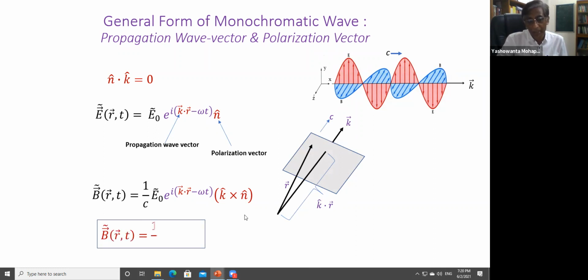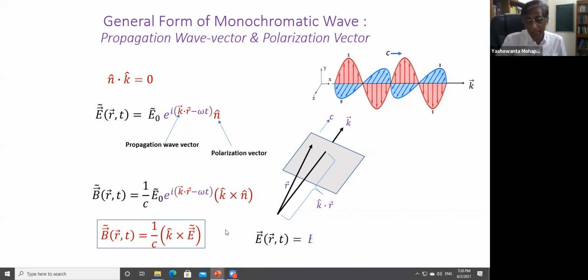So I can write B complex, a vector, as 1 by c, k hat, which here is not z hat, but k in the direction of propagation of the wave vector, cross E. We need to remember this to be able to do problems.